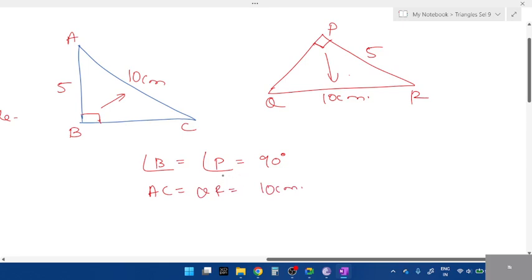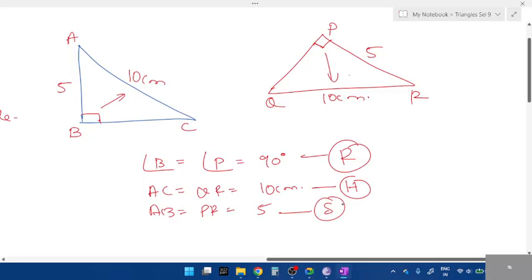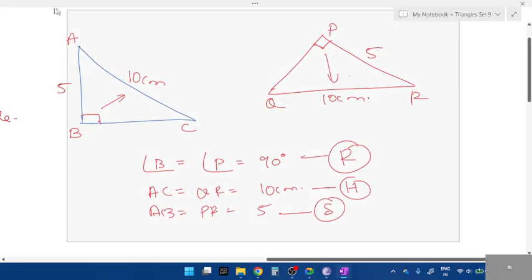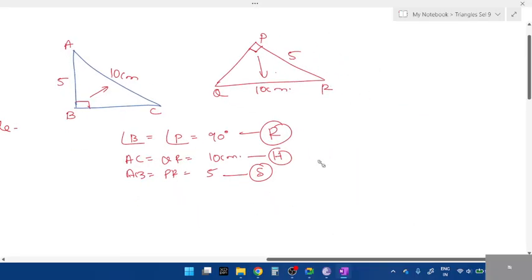Apart from that, which is the other side equal? Equal to PR. So one right angle is the same, 90 degrees. The hypotenuse, we don't consider this as a normal side, it is the hypotenuse side that is equal, and one more normal side is equal. Can you see RHS? Is this clear, the RHS concept?